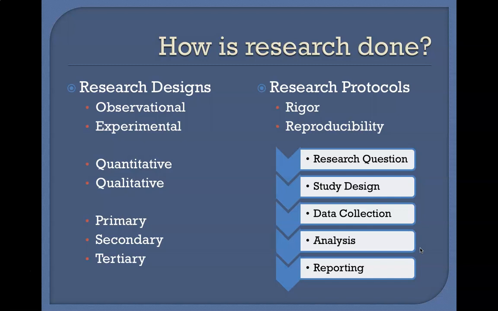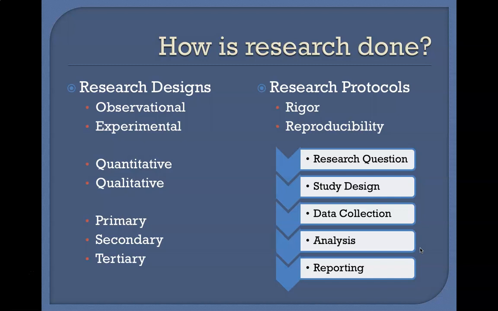And then the other way secondary data can be gathered is through things like health records. And the newest way secondary data is gathered is through social media. And that's something we're going to dig into a little later in the course. And then the third layer of research is tertiary.